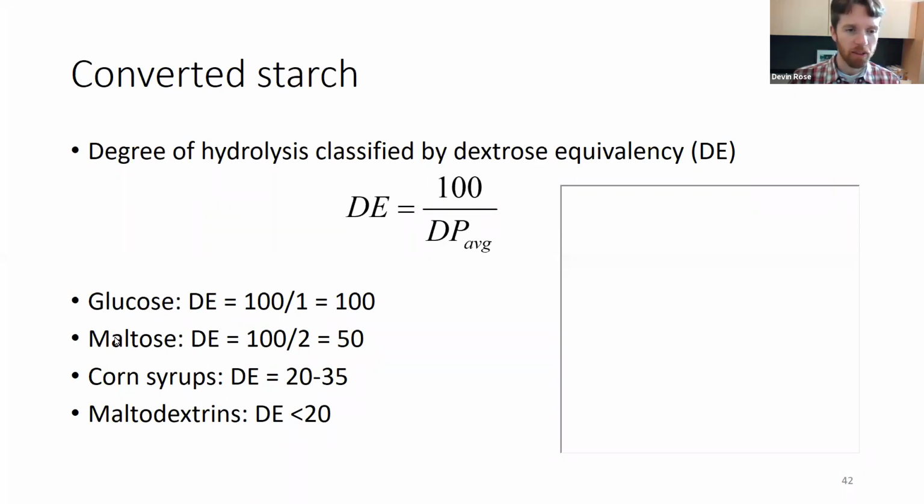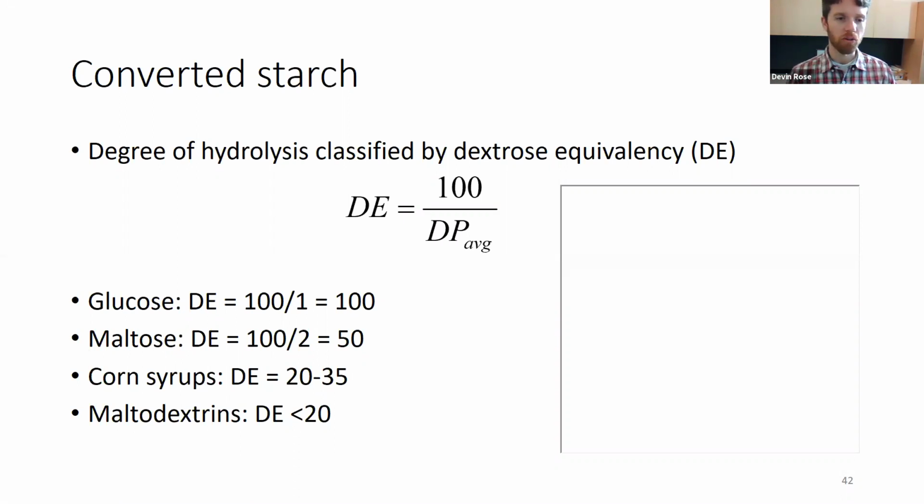And then the rest of these, maltose, you know, maltose is 2 glucose units linked together. So the degree of polymerization is 2. And so dextrose equivalency is 100 divided by 2. So that would be 50. And corn syrups, generally corn syrups have a lot of glucose in them, but they do have a little bit of longer polymers, maltose, maltotriose, maltotetraose, and so on.